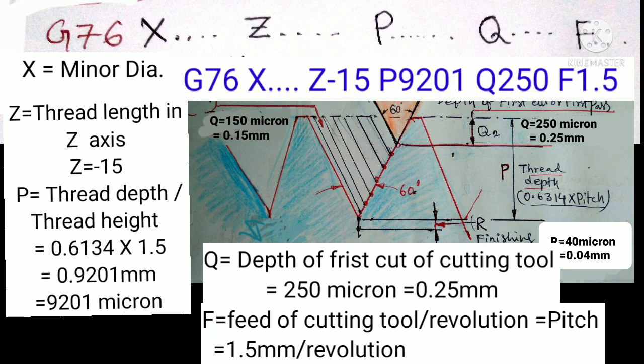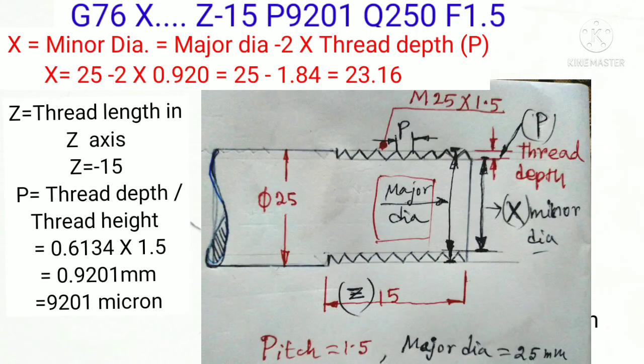So here we see that we have calculated the value of Z, P, Q and F except the X value. So now we will calculate the value of X, and we also know that X is the minor dia, and from this sketch we see that the minor dia X is equal to major dia minus 2 into thread depth.